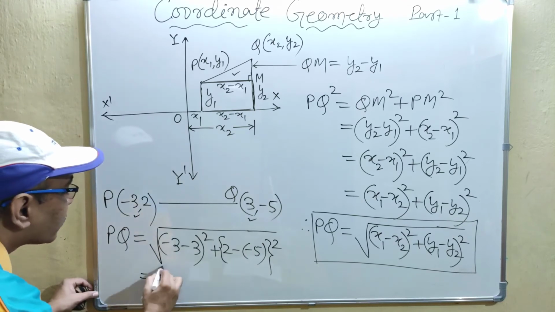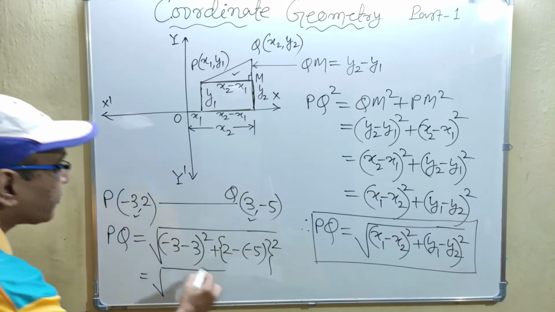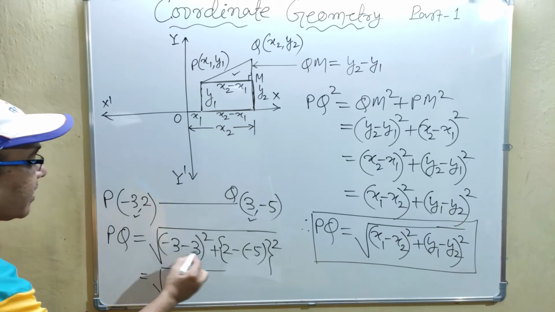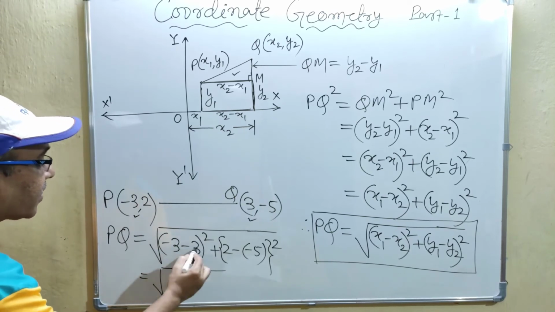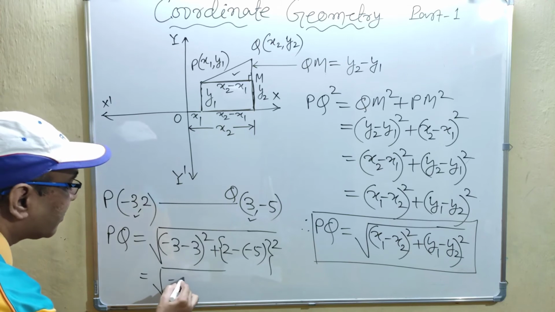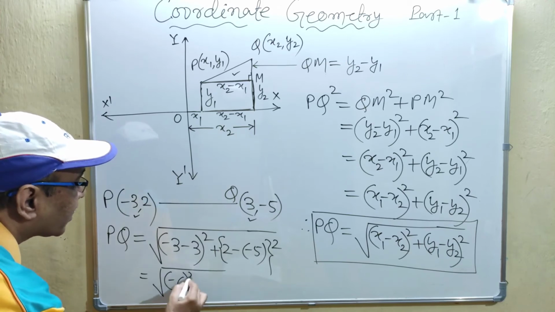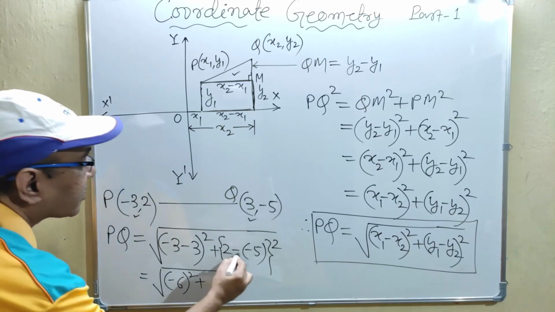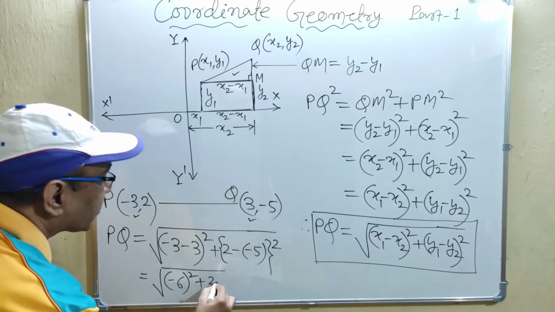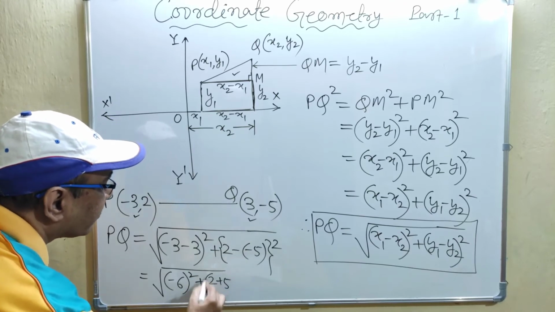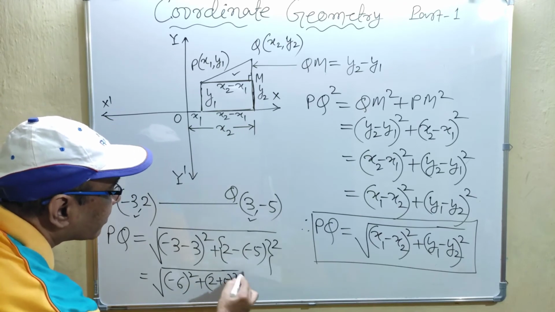So this will be -3 minus 3, -6 square, plus 2 minus minus plus 5, 7 square.